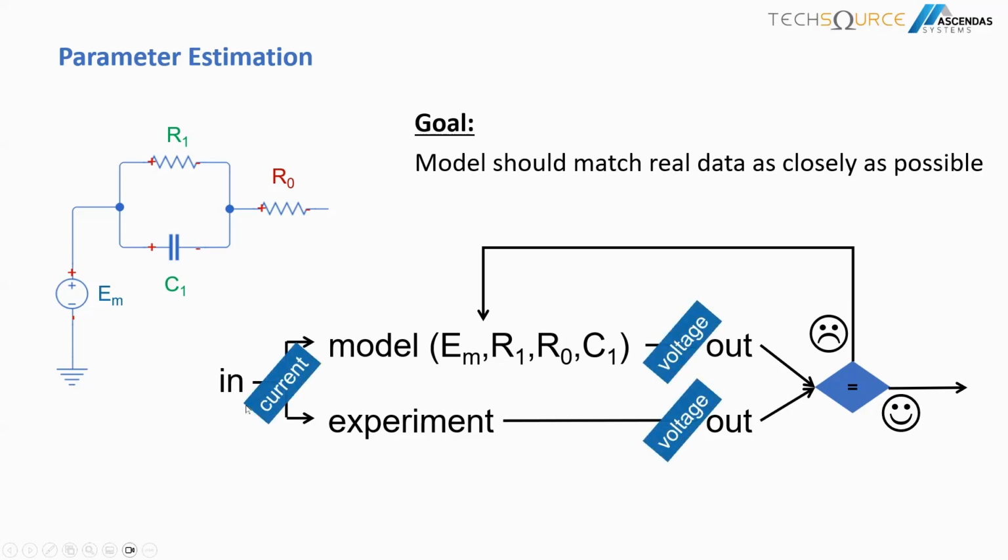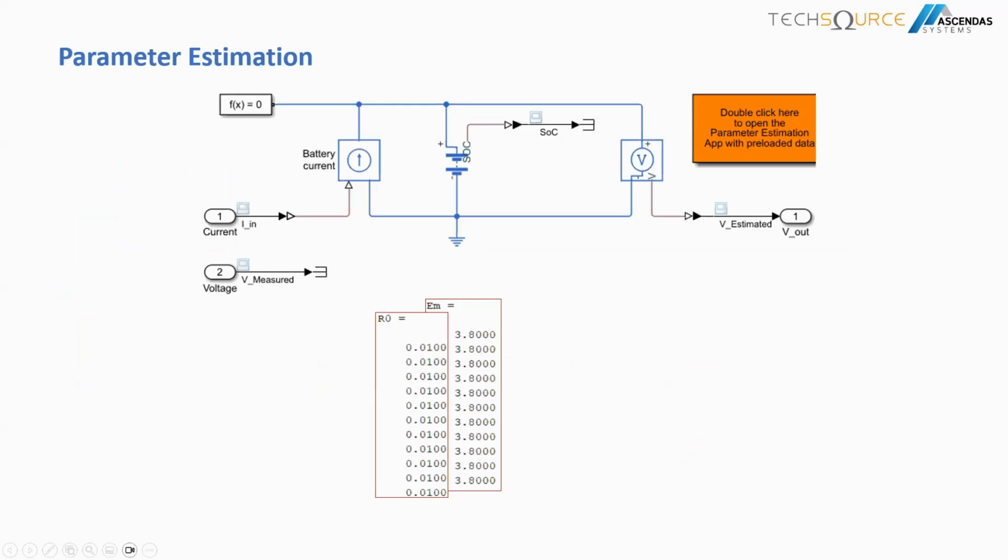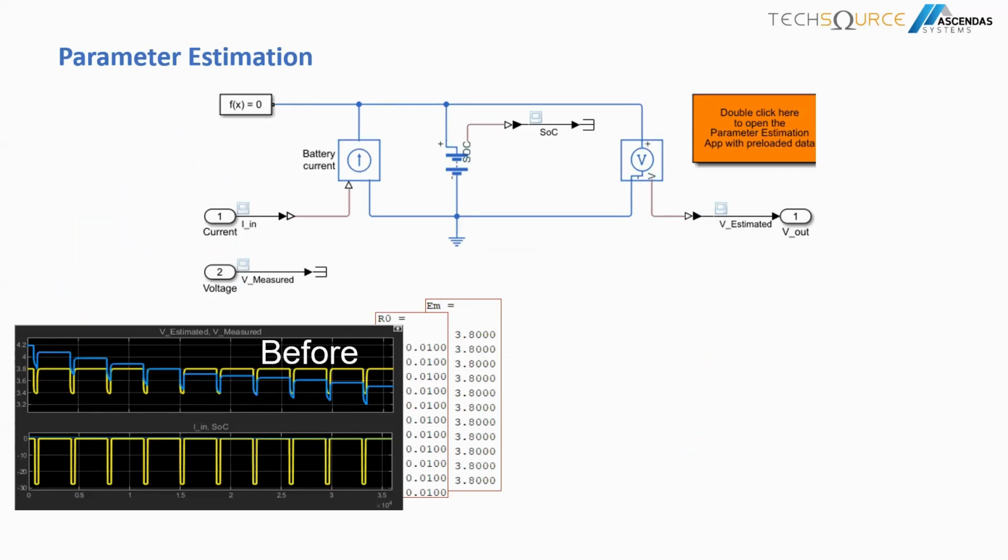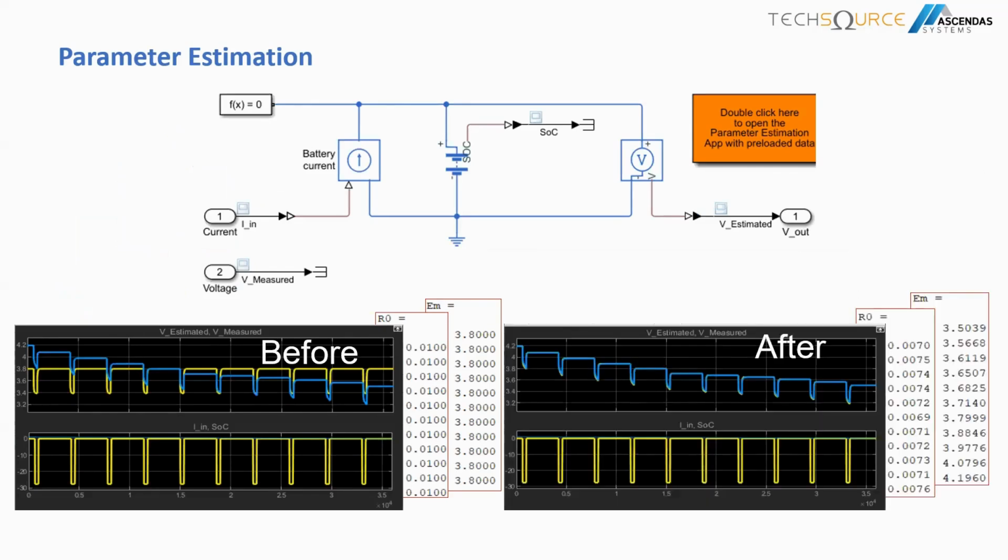For example, we have an input current, input voltage, and then we output a voltage and see the comparison between our model and the experimental data. We are comparing these two to see if they are very close to each other. If not, then we can do a parameter estimation so that we can check if there are differences between our simulations.